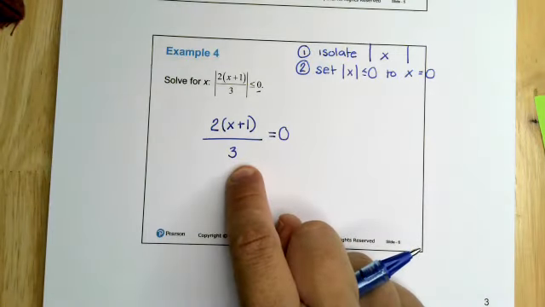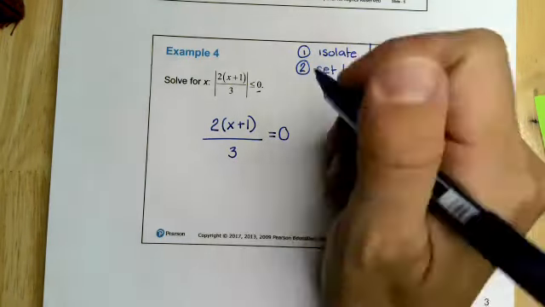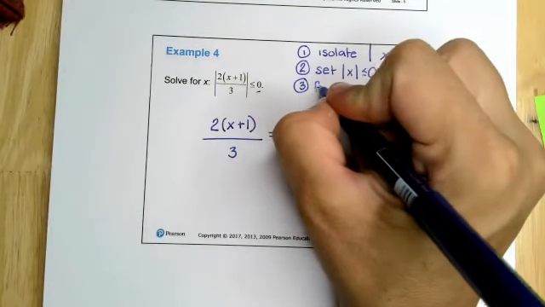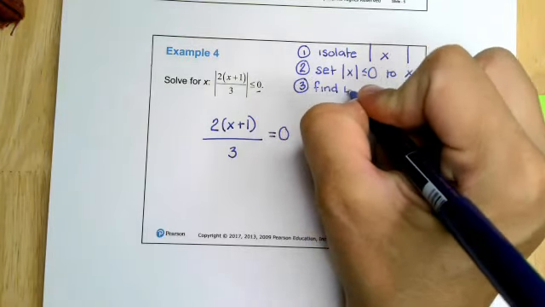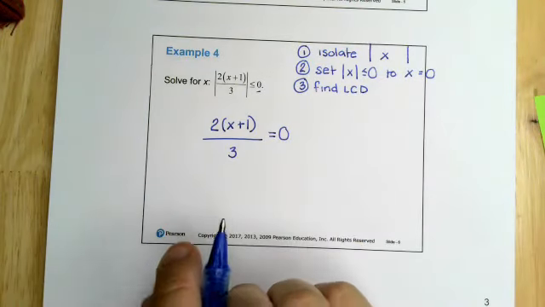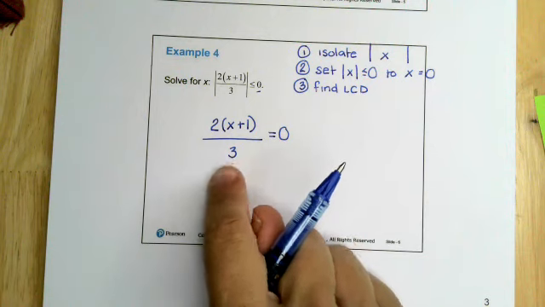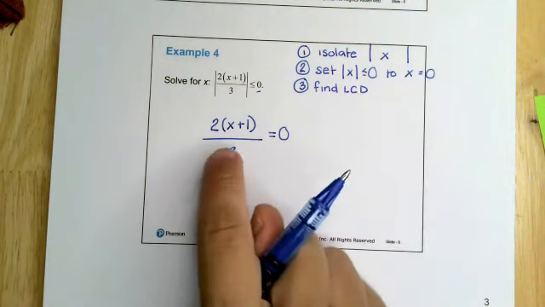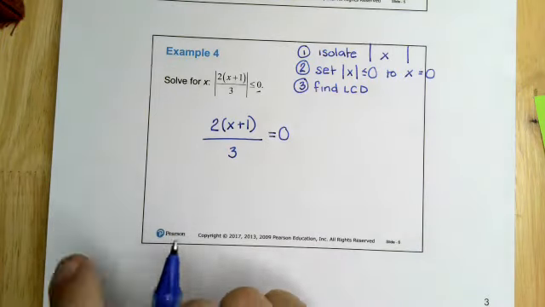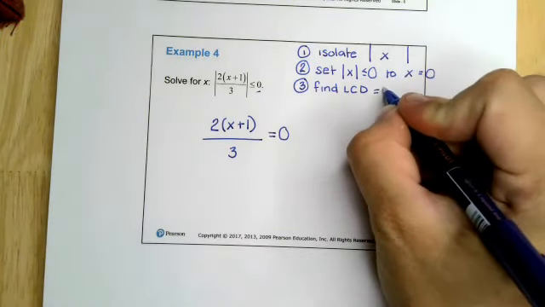For this one, the first thing we need to do to solve is find the least common denominator, because we want to get rid of the fraction. The denominator is the bottom of the fraction. There's only one denominator and it's 3. So the LCD is 3.